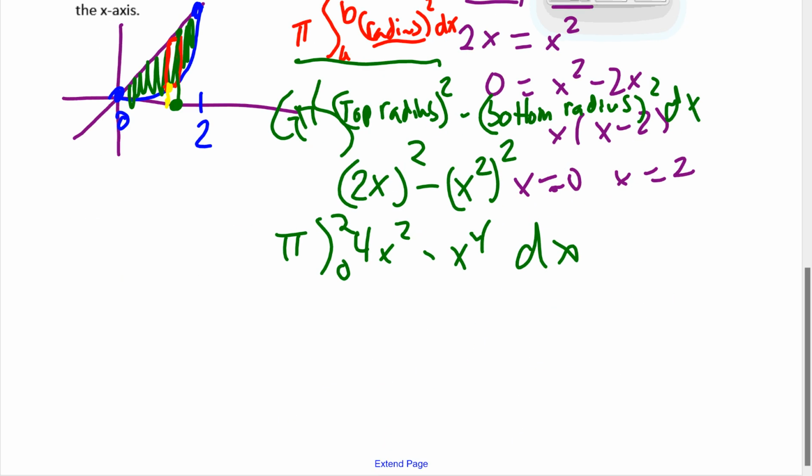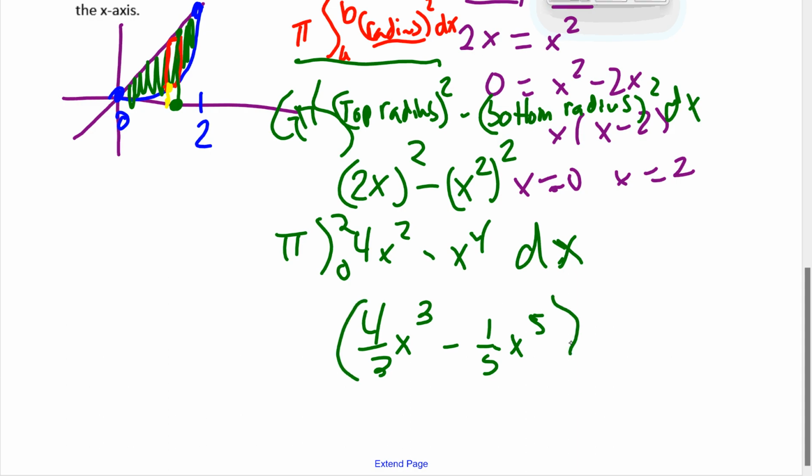Okay, so now I'm just going to take my integral of this, so that would be 4/3 x cubed minus 1/5 x to the 5th from 0 to 2, pi out front. So I'm going to plug in 2. This time I don't have to plug in 0 because both have x in them, so I don't have to worry about that.